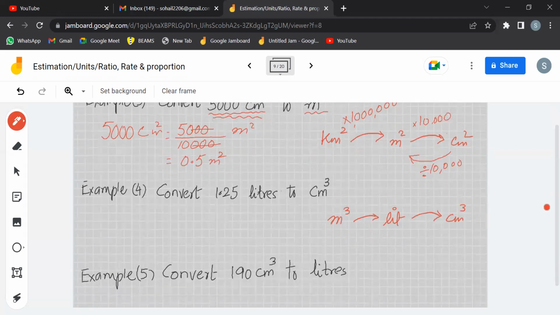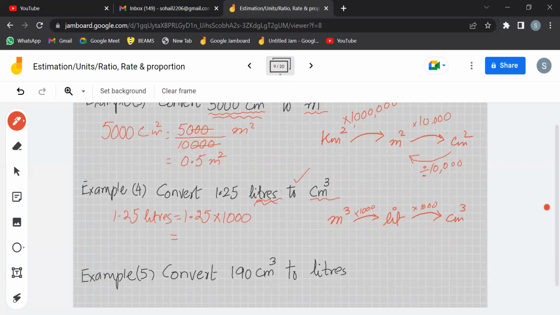For the volume, liters to centimeter cube. From meter cube to liter, just recall you multiplied by 1000 and again you multiplied by 1000. So from liters to centimeter cube, 1.25 liters is equal to 1.25 multiplied by 1000.